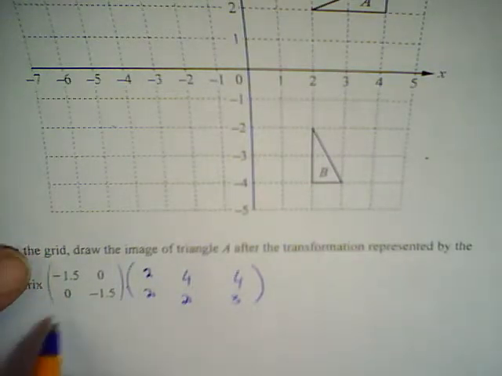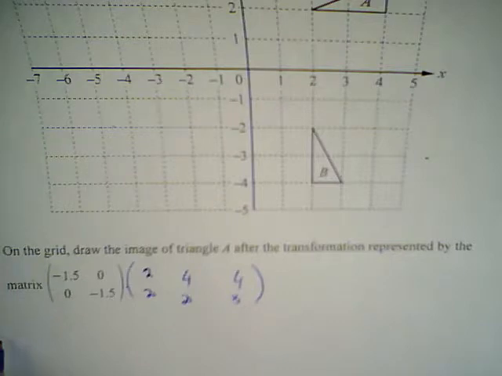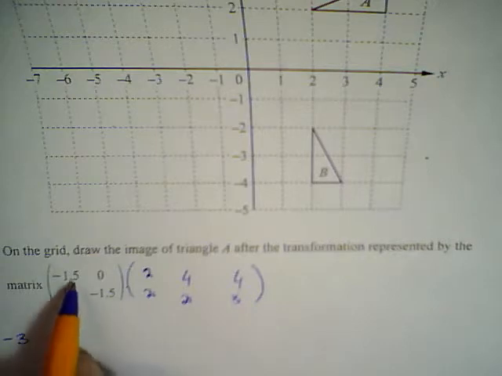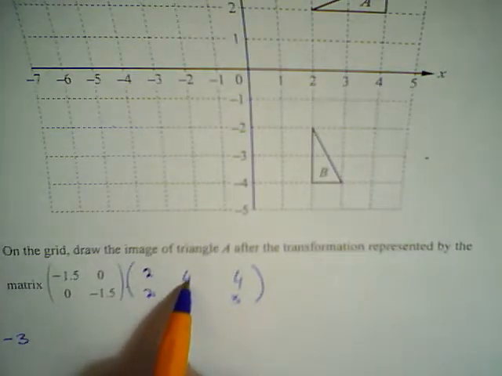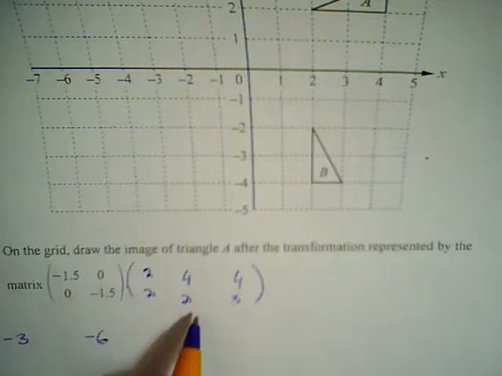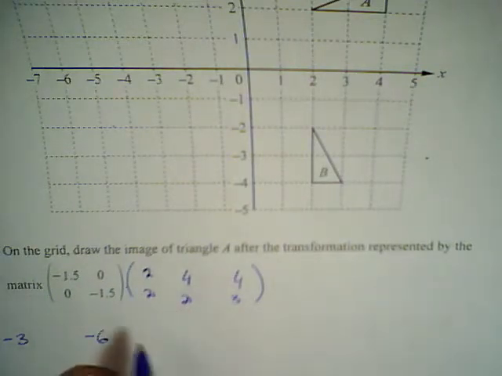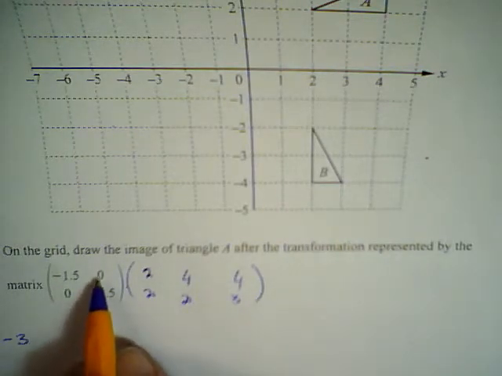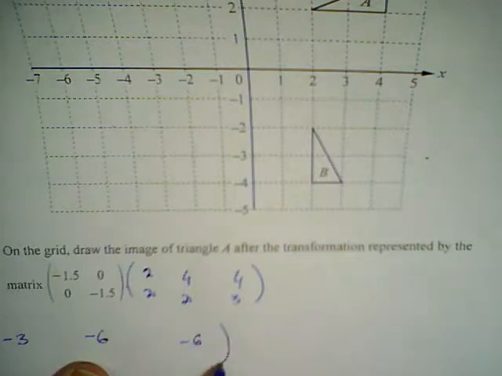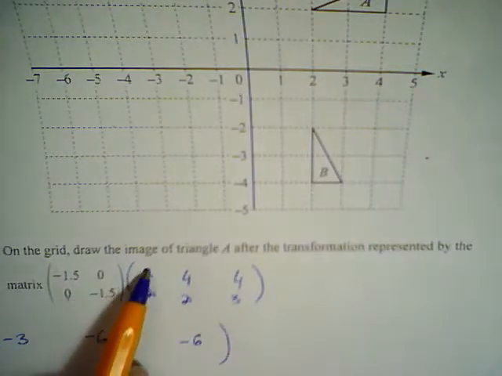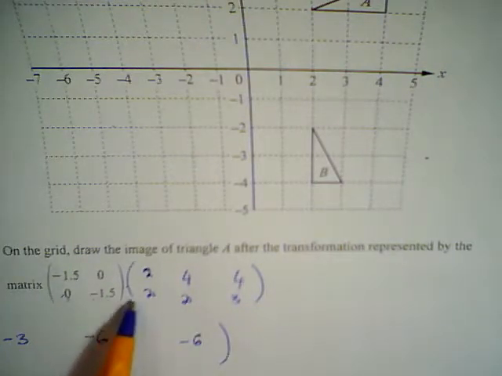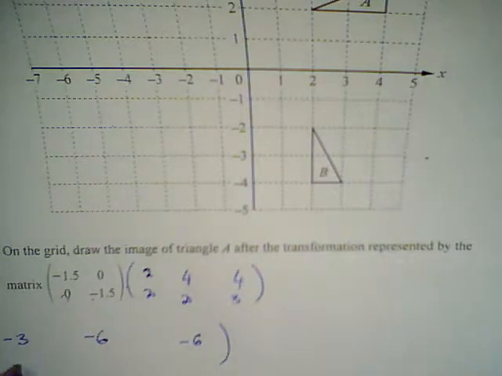So that would give me, row, -1.5 times 2 would give me -3, plus 0 times 2 would be 0. -1.5 times 4 would give me -6, plus 0 times 2, that's 0. -1.5 times 4 would give me -6, plus 0 times 3 would be just -6. Now the second one, the first value would every single time be 0. So I'm just going to multiply that with -1.5, these bottom values. That would give me -3, -3, -4.5.